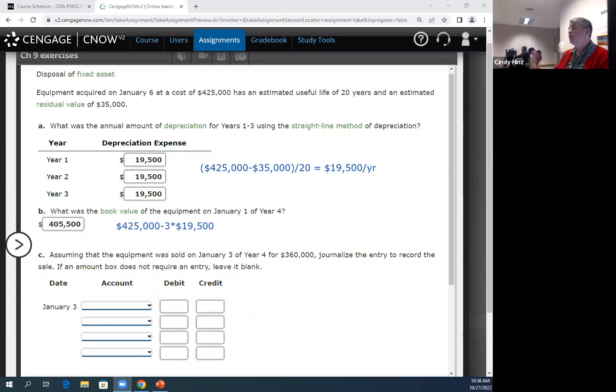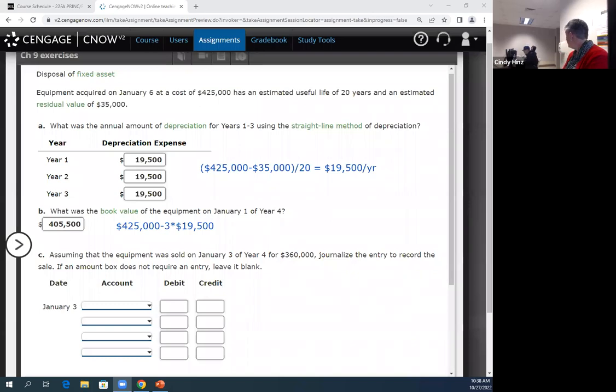In this case, straight line, same amount every year. And so when we finish the 3rd year, start the 4th year, the book value of that equipment is $405,500, but that does not mean if we sell it right now, we can get $405,500 for it. It might be worth more than that.